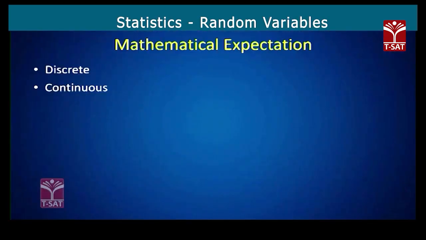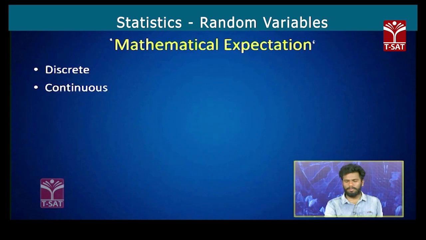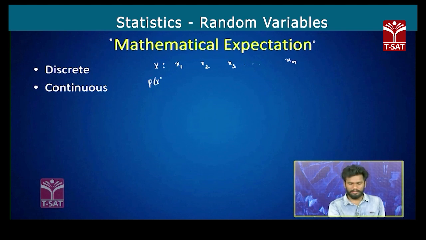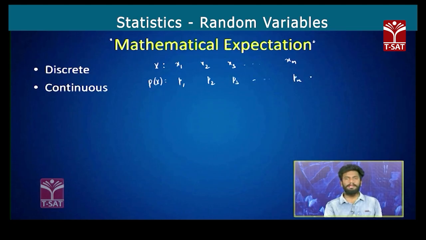Next, mathematical expectation. So first, what is this mathematical expectation? We'll see. Let us consider a random variable X. It is taking values x1, x2, x3, so on up to xn, and the corresponding probabilities are small p1, p2, p3, so on up to pn.